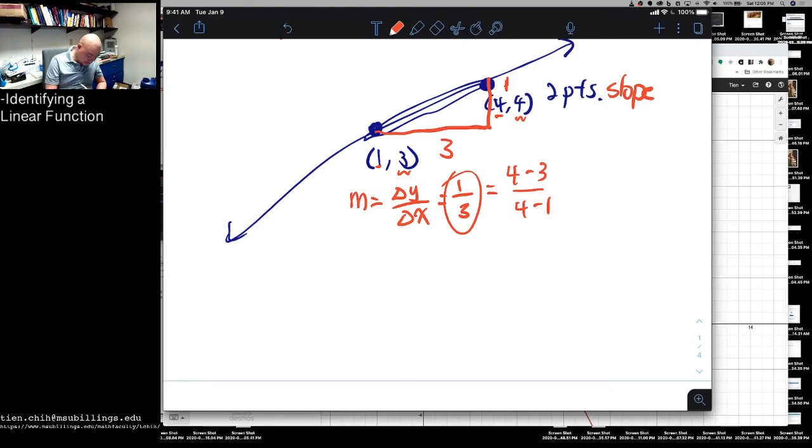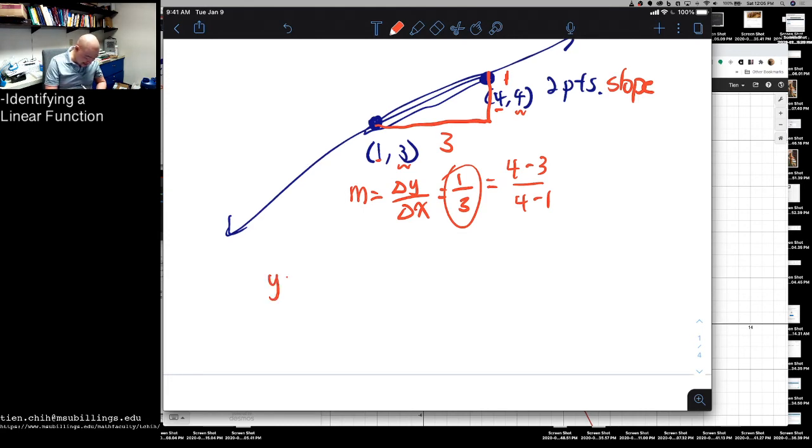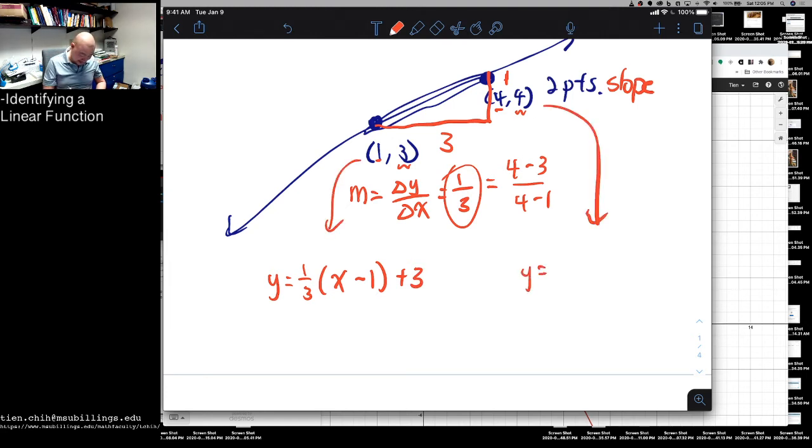So I could express that as either y equals 1/3 (x minus 1) plus 3, that's using this point here, or I could use this point here to write y equals 1/3 (x minus 4) plus 4.